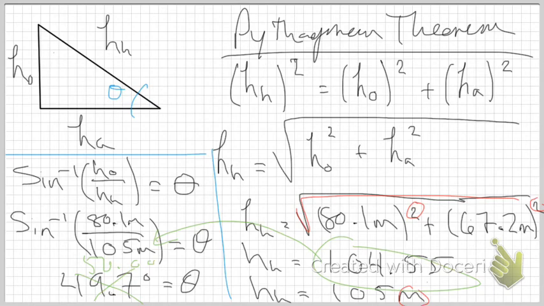And then I've written over there in green again, just so we remember that because we do some rounding, we don't always end up with the exact same value every time. Okay? So if I were to plug back in 104.55 for the length of the hypotenuse in my arc sine equation, I would actually end up with 50.00, some odd number of digits after that, degrees for my angle theta.